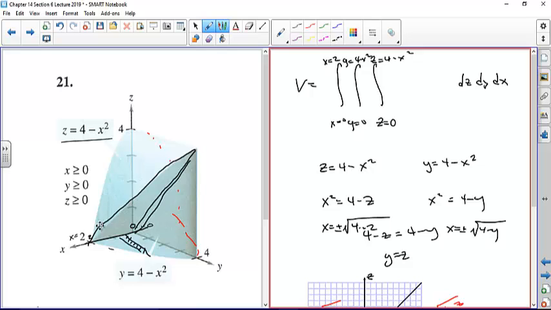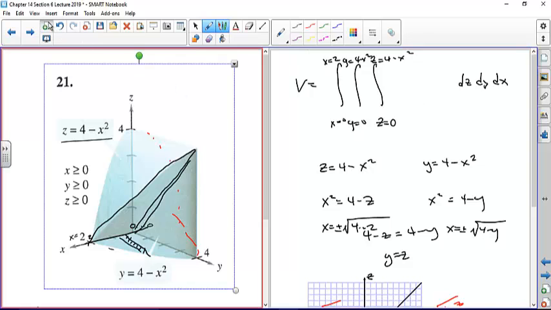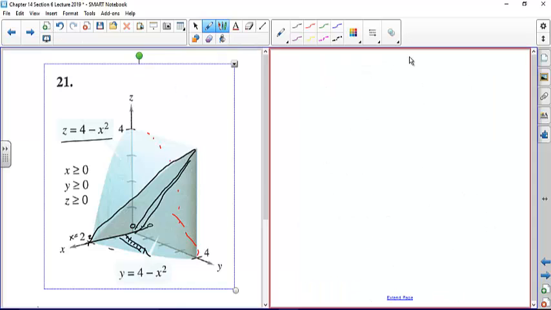So I'd do dx, dz, dy, I think would be the same level of difficulty. So let's do that one. It's just because of the alignment of these. This parabola is, well, this one's parallel to the z-axis. Anyway, let me write it out and see if you agree with me or not.